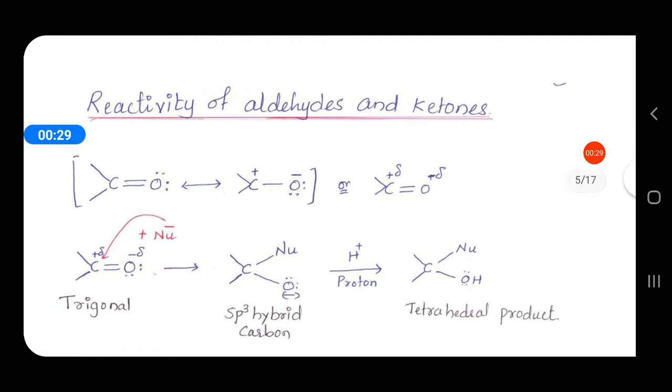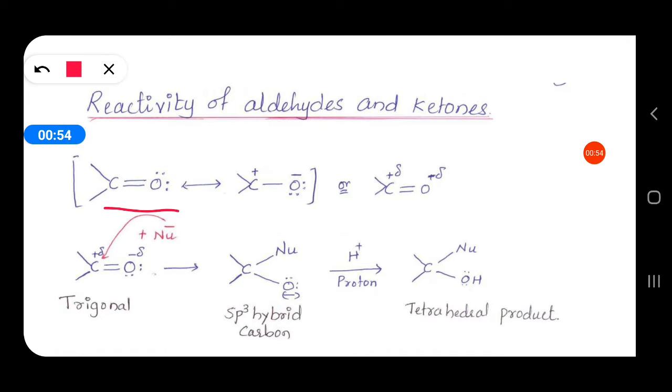The carbonyl group of aldehydes and ketones: already we have seen the structure, carbon and oxygen. Oxygen being more electronegative, the shared pi electrons are somewhat shifted towards the oxygen, and we can write the resonance structure here.